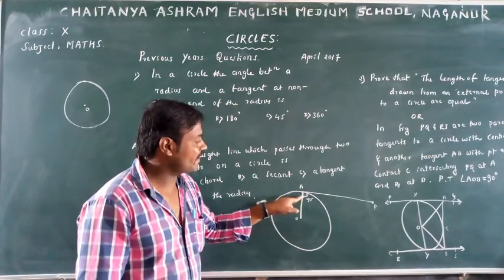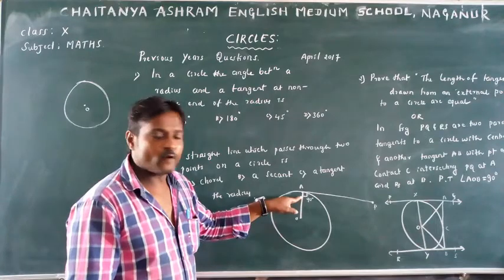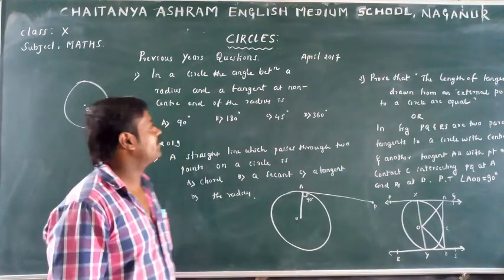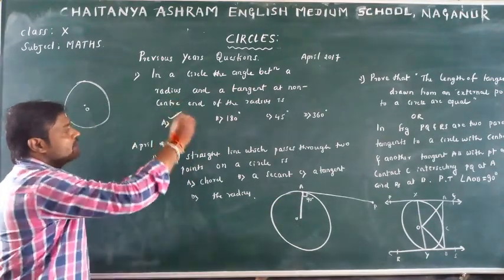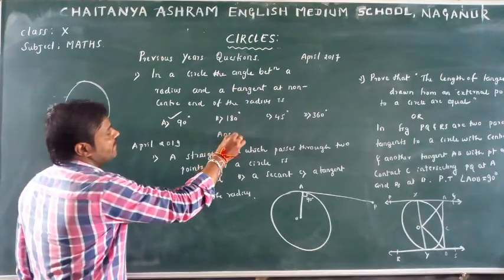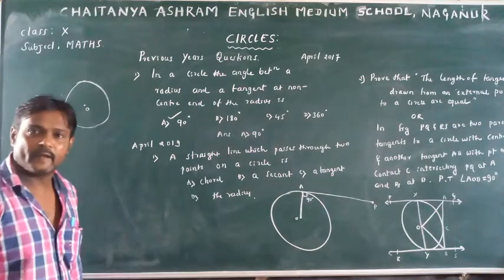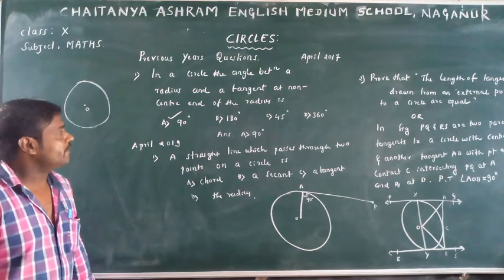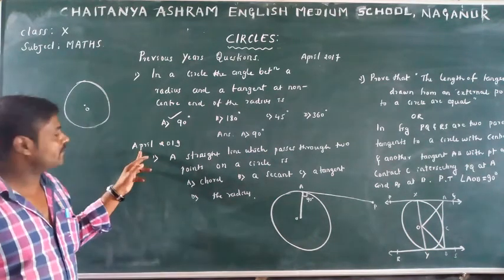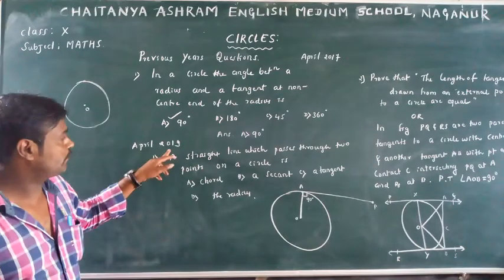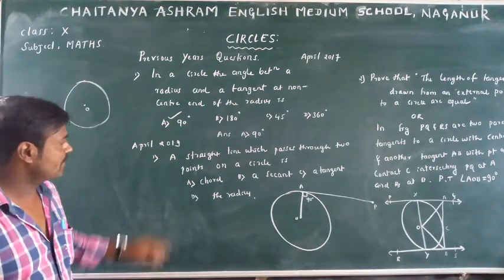So means this angle they ask. Yes or no? So what is the measure of this angle? 90 degree. Okay. So the answer is option A, 90 degree. Clear?